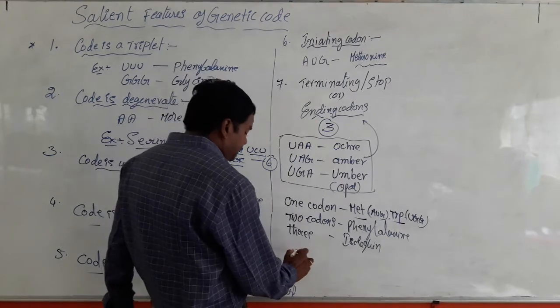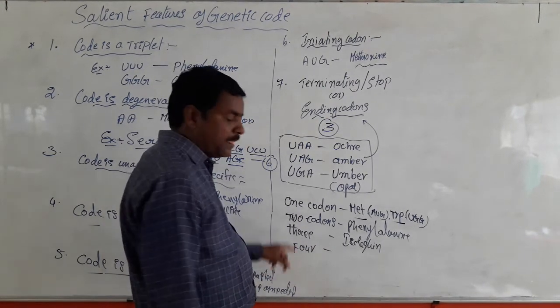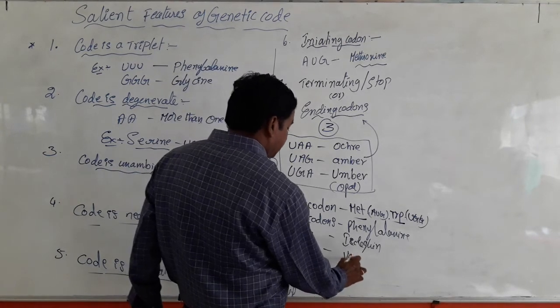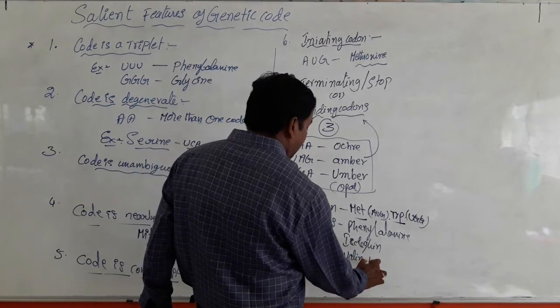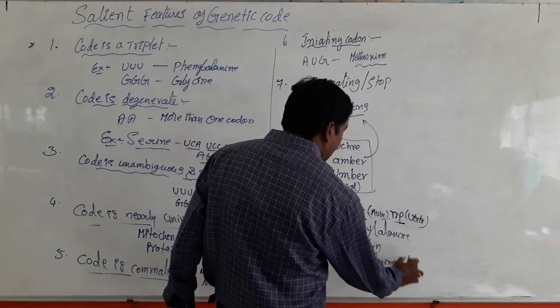Some amino acids are recognized by four codons: valine, alanine and glycine.